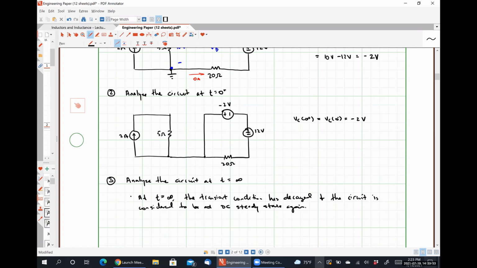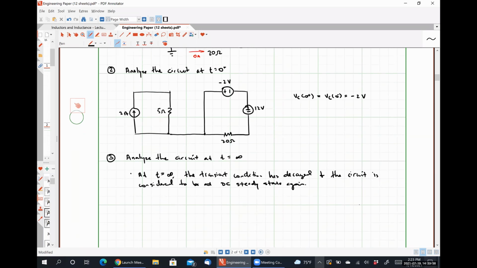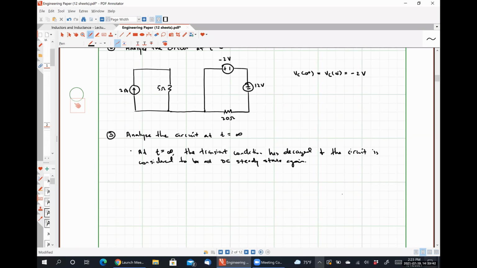Again, what this means is that our switch is still closed at position B, right? So the left-hand side of our circuit is going to be exactly identical to what we've just drawn. We have a 2 amp source connected in parallel to a 5 ohm resistor.